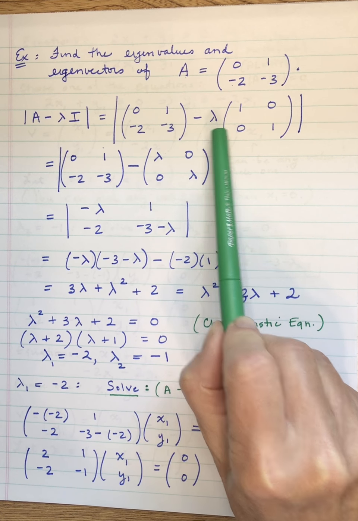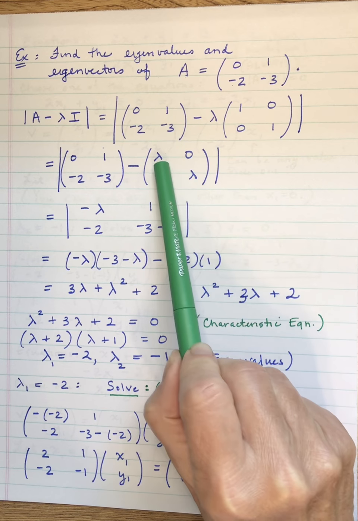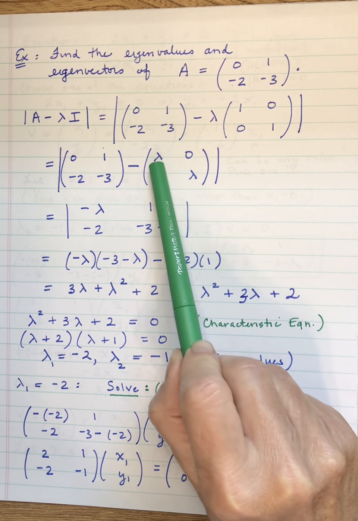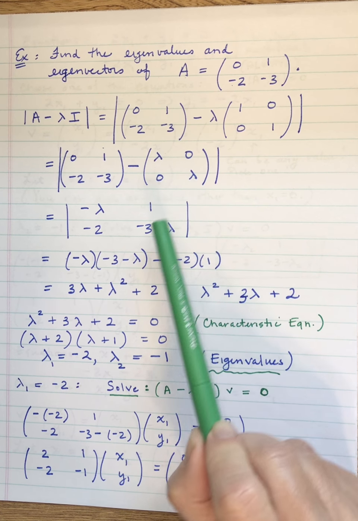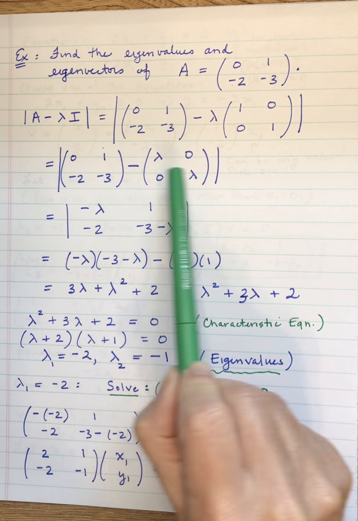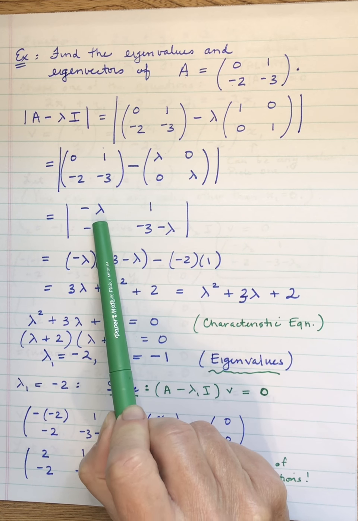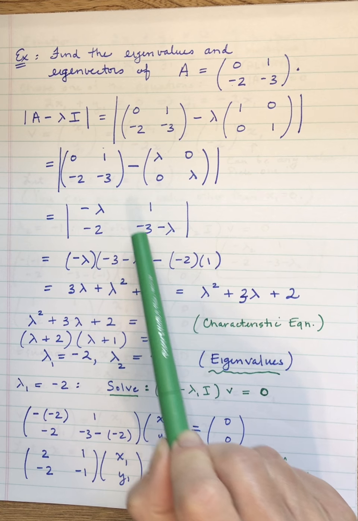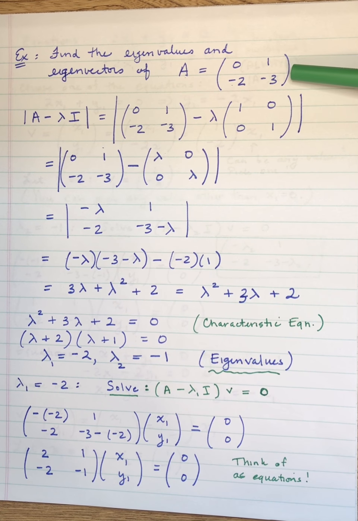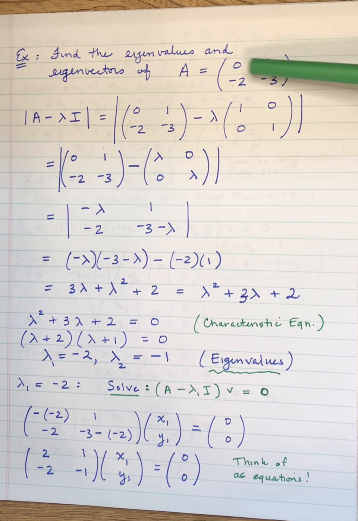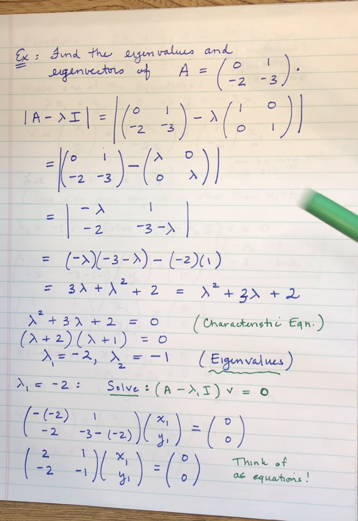We multiply each component of the identity matrix times the number lambda, so you just get lambda on the diagonals. Term by term we subtract, so you're just subtracting lambda from the diagonal elements, and that's what you get here.